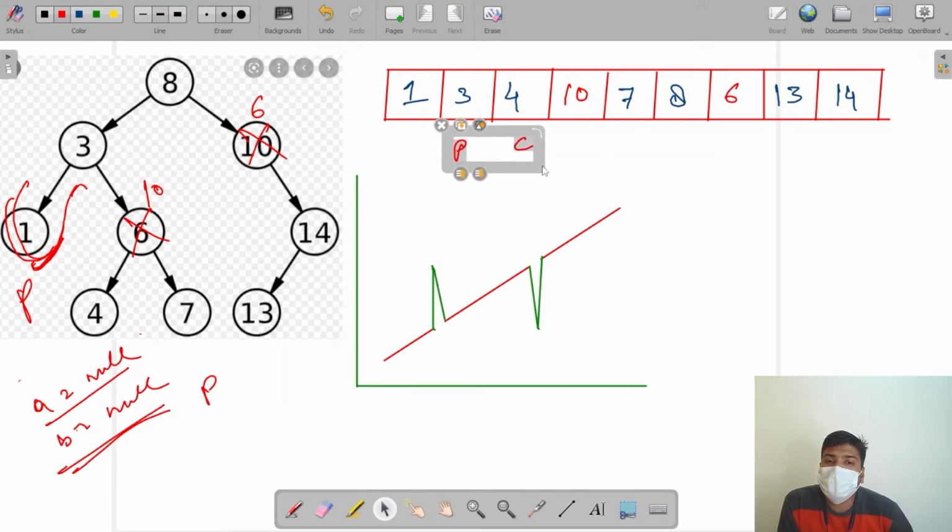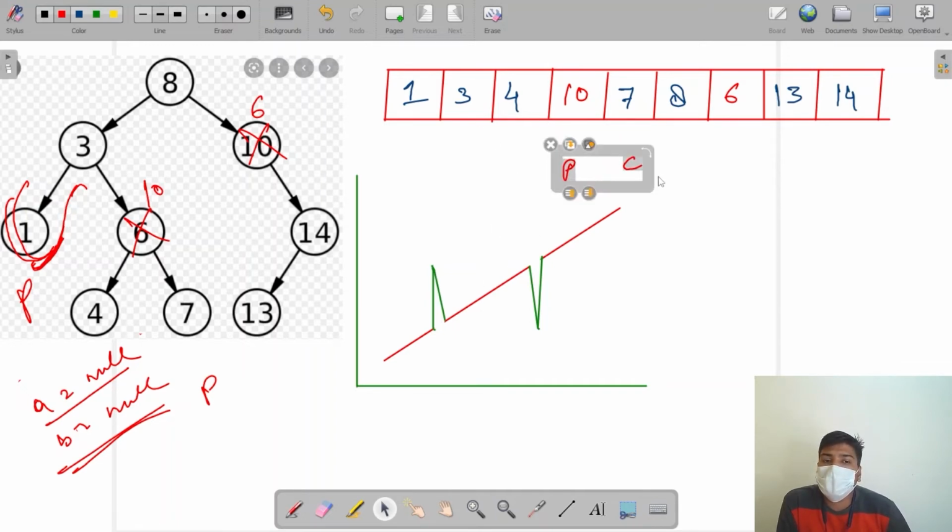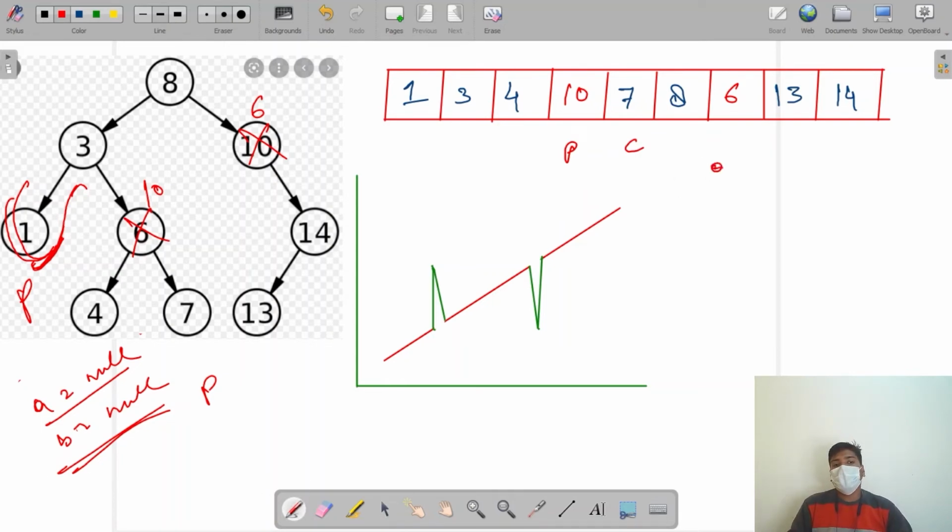Here my previous is less than current, here again my previous is less than current. At this point my previous is greater than current, my 10 is greater than 7. So at this point I'll see that there is some ambiguity, so I'll note it down. I'll save it in A as 10 and B as 7.